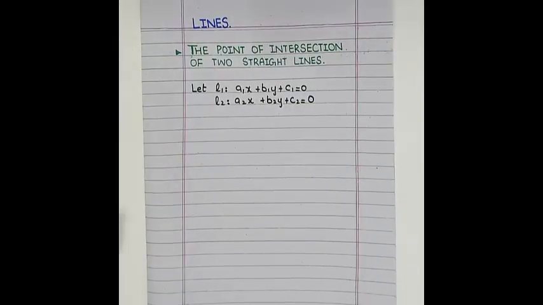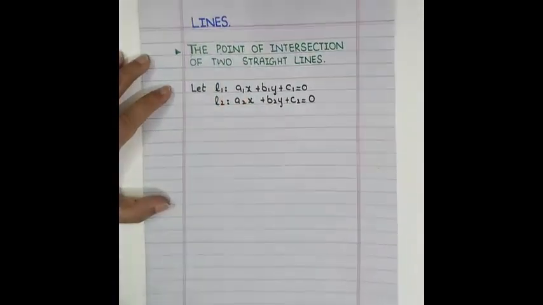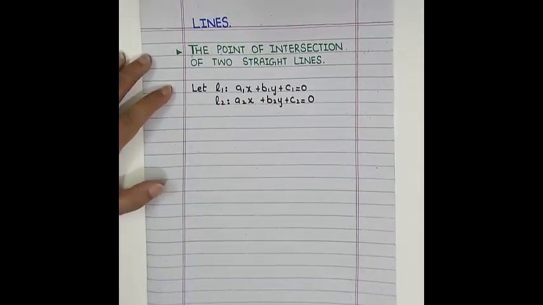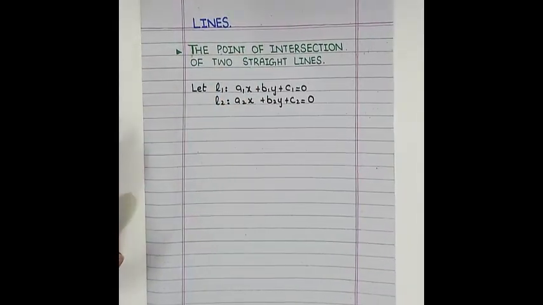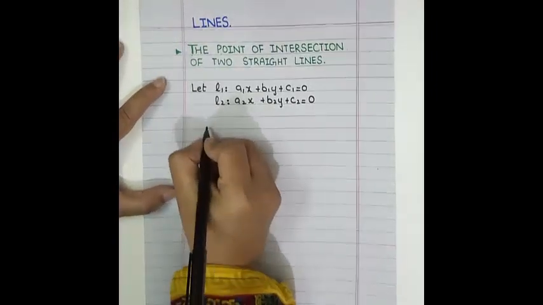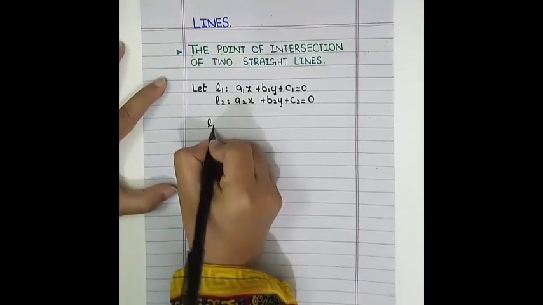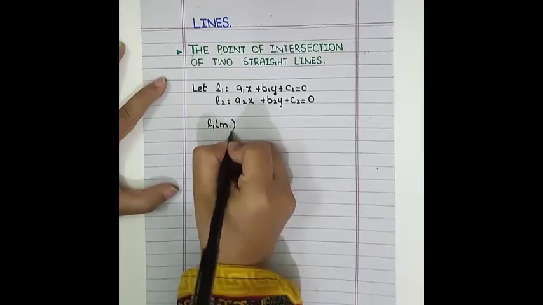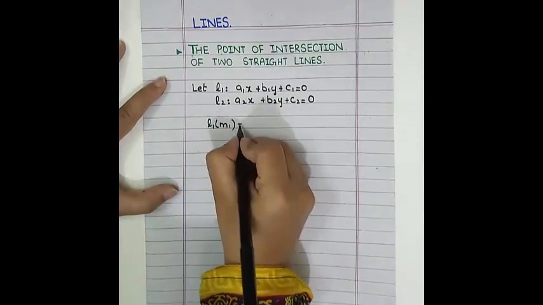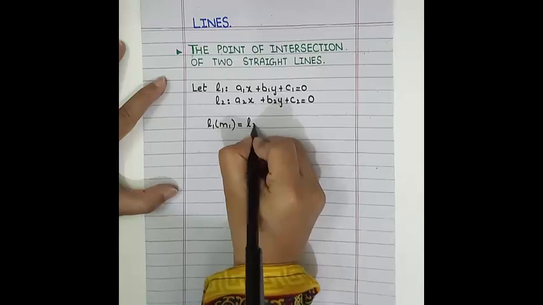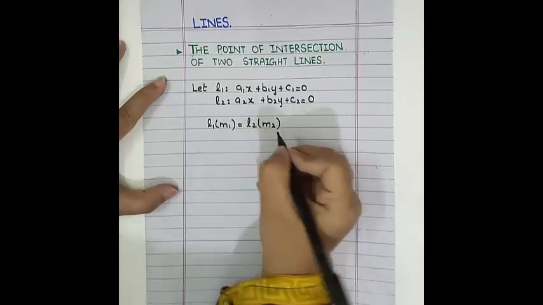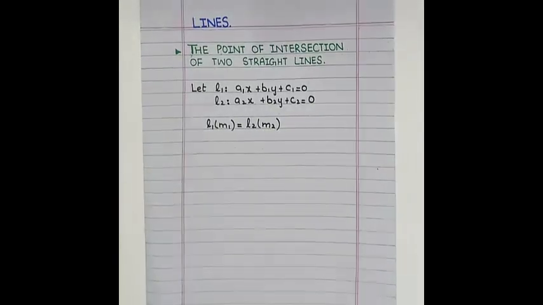Now first I will tell you a very important condition for the lines to be parallel. Suppose we have these two lines and they are parallel. And we know when lines are parallel, their slopes are equal. It means the slope of line L1, denoting the slope as M1, is equal to the slope of line L2, representing its slope as M2.